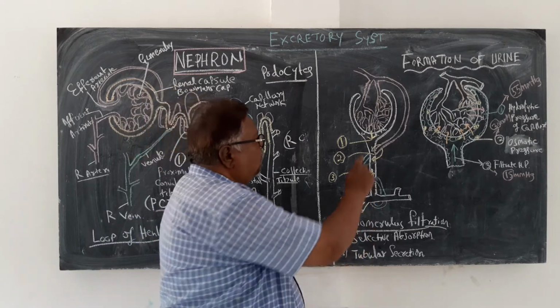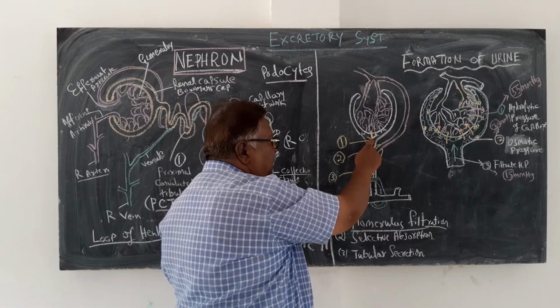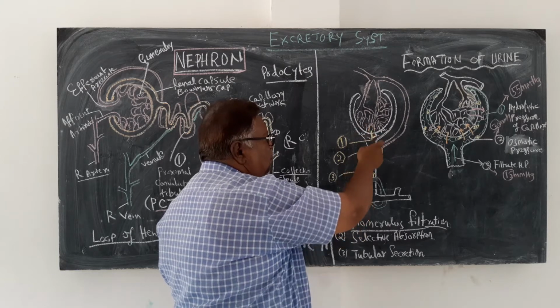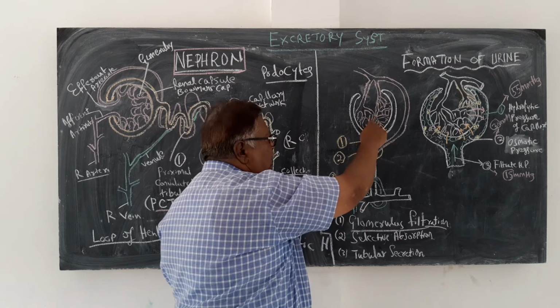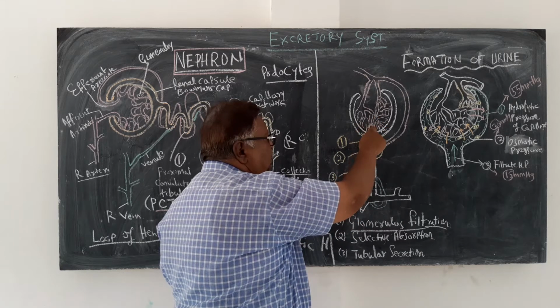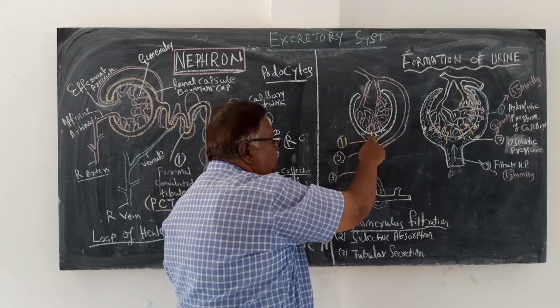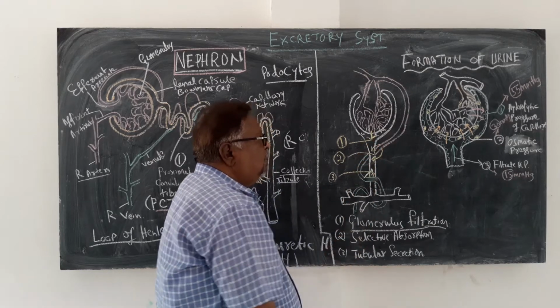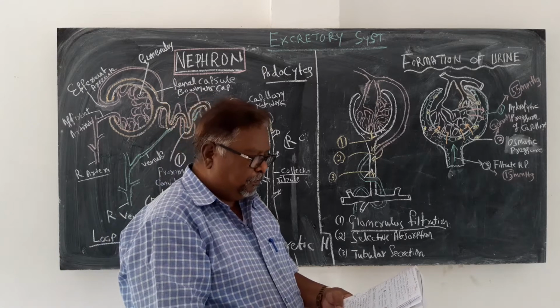So the pressure in the glomerulus and the pressure in the filtrate or the Bowman's capsule is different here. By the difference of this pressure, the thin walled cells of the glomerulus filter out all the unnecessary materials into the Bowman's capsule. This is nothing but the glomerulus filtration.